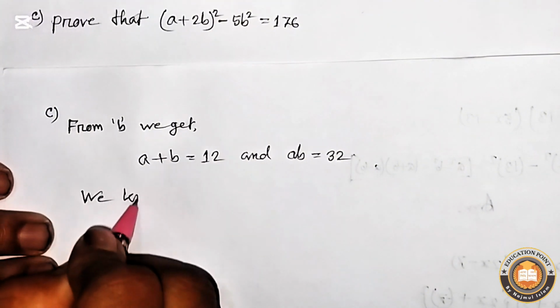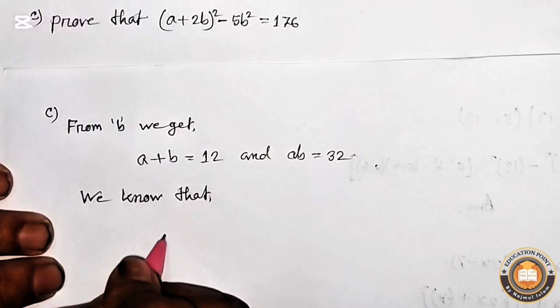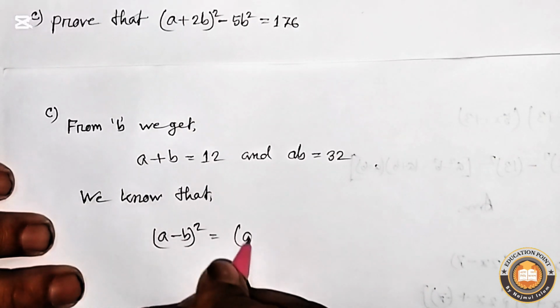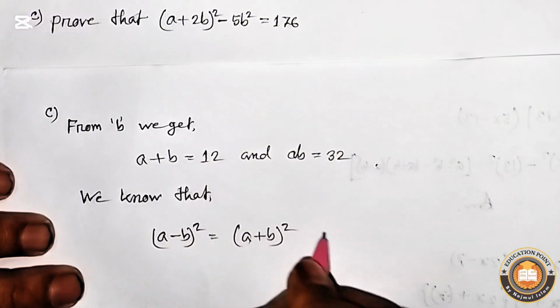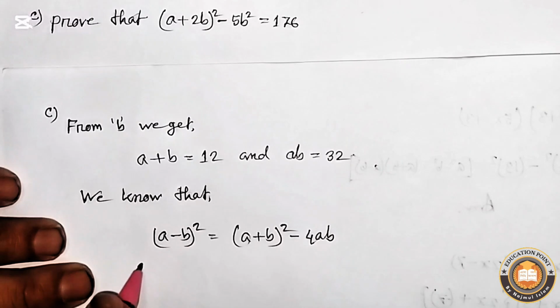We know that (a - b) whole square equals (a + b) whole square minus 4ab.